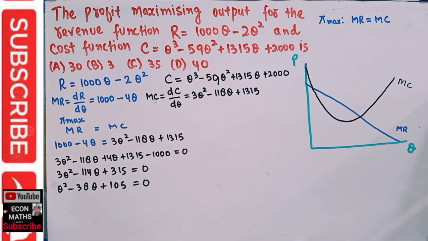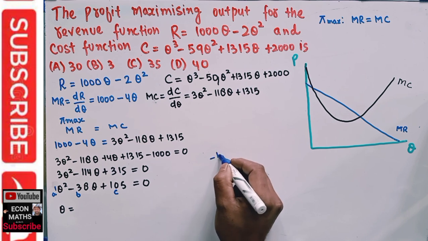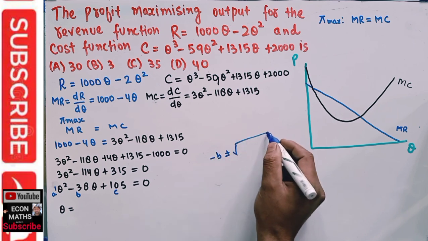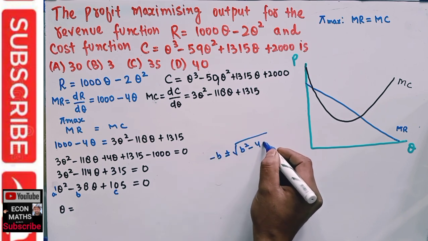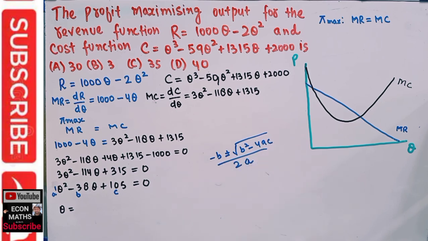Now using the quadratic formula, Q will be equal to, in the quadratic formula, this -38 is our b, this is c, and a is the coefficient of Q². The quadratic formula is simply -b ± √(b² - 4ac) divided by 2a.